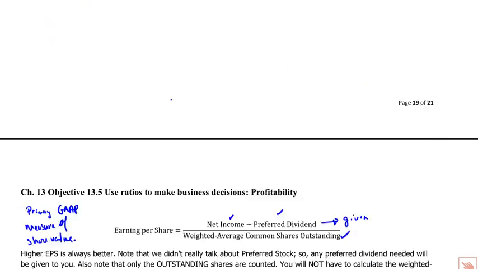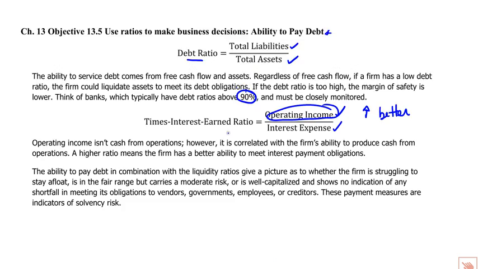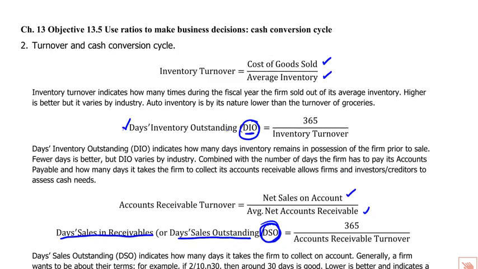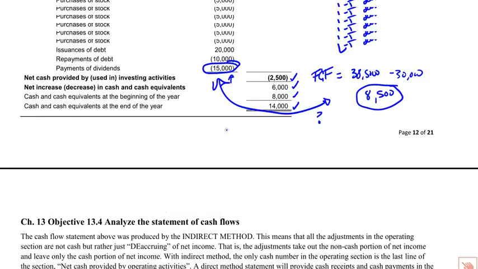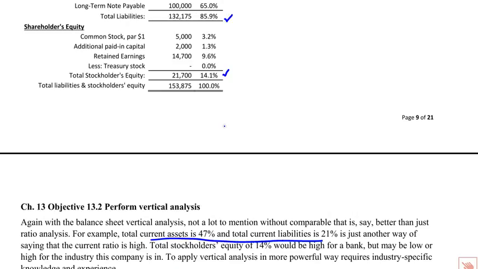So calculating the ratios is pretty straightforward. One thing I'll point out: if you want average total stockholders' equity, you'll need a beginning and ending total stockholders' equity, and you divide it by 2. I'm scrolling up to see if I have the balance sheet for it.